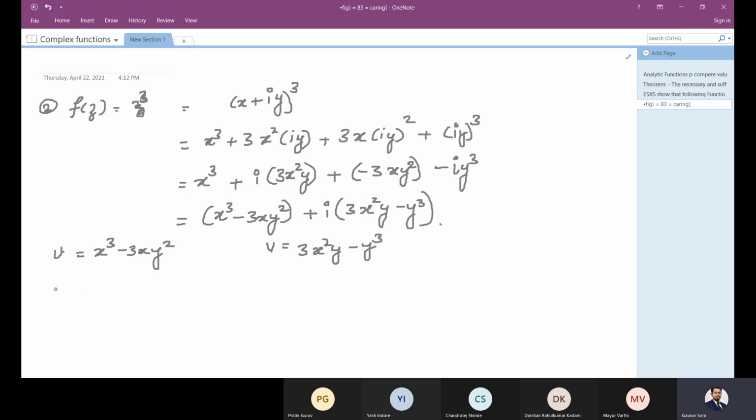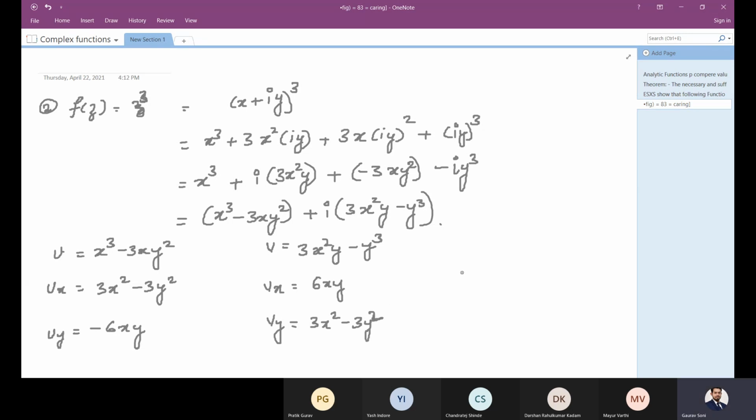And so ux will be 3x square minus 3y square. uy is minus 6xy. vx is 6xy, and vy is equal to 3x square minus 3y square.